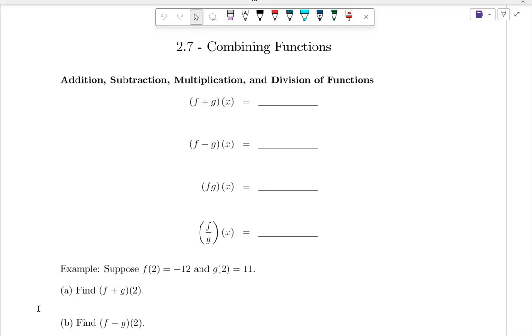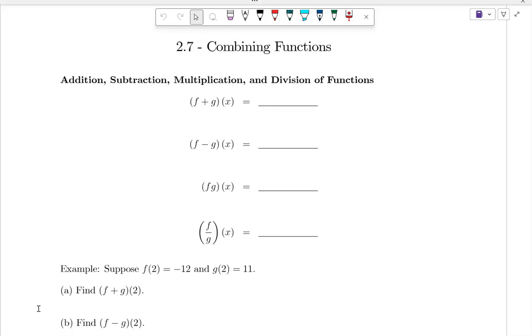So you can think of your polynomials as just sums and differences of power functions, if you like. So you've already talked a little bit about combining functions, but we'll build a little bit more formally today and talk about things like domain of these things. And then we'll get into a type of combining of functions that you probably haven't talked about before.